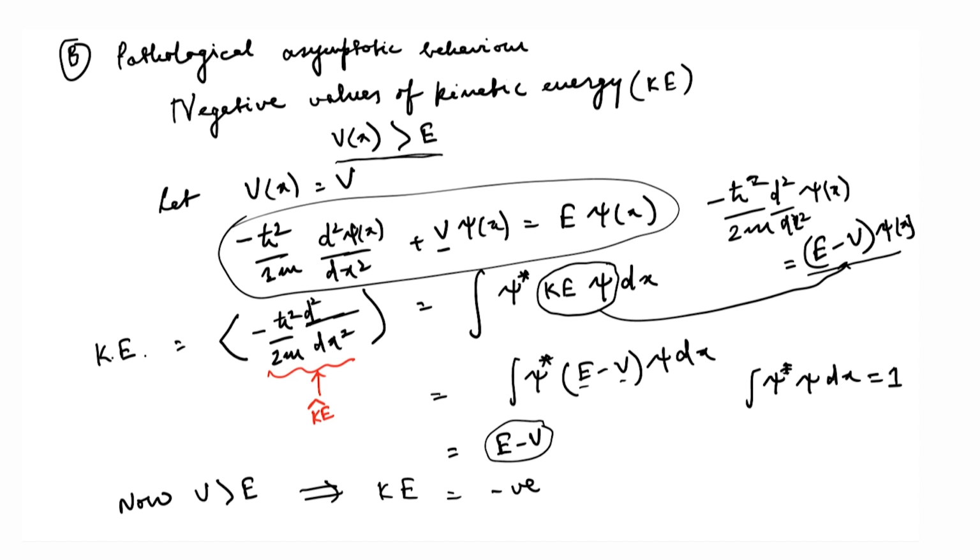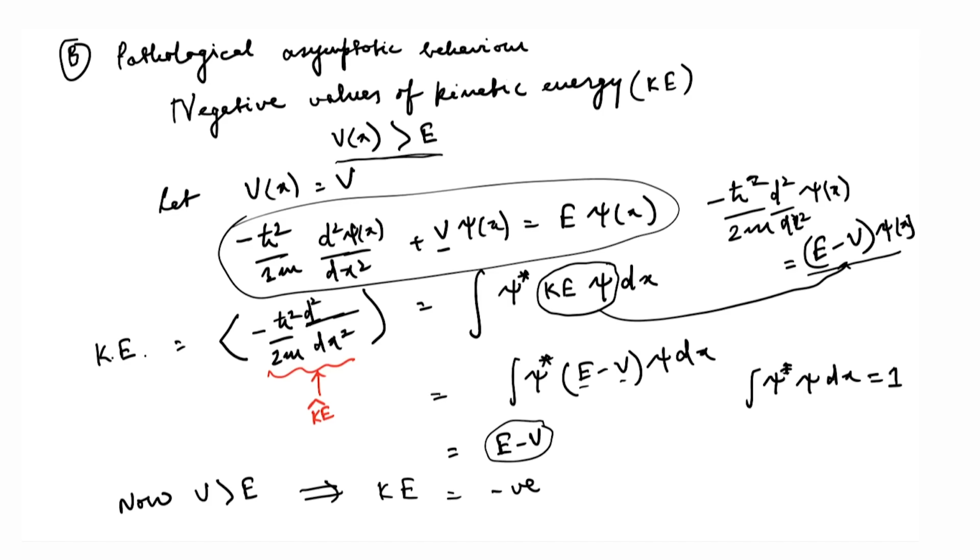Now, to find the solution, we can write the Schrodinger equation again in a simplified form.